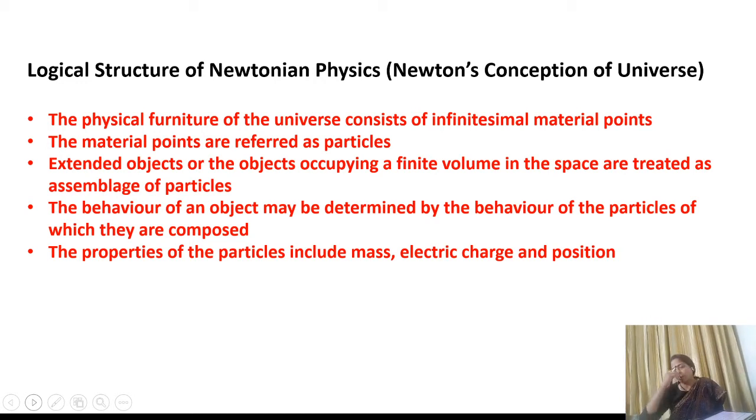Whenever we talk about extended objects, that simply means the assemblage of these material points, or you can say particles. So, if we want to determine the behavior of an object, naturally we will find the behavior of the particles of which it is composed. And as I told you earlier, the particle of Newton has mass, electric charge, and position.